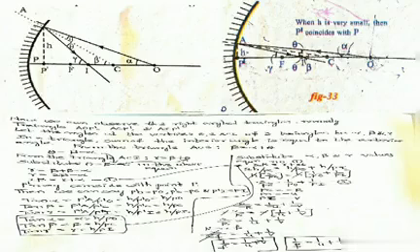Next, from the right angle triangle AIP dash, tan gamma is equal to P dash A by P dash I, that equals h by P dash I, equal to h by PI.